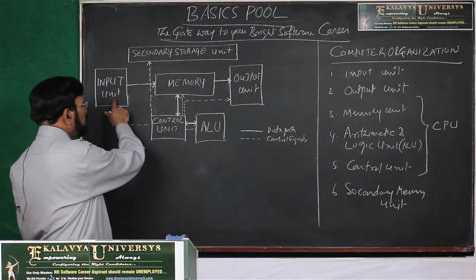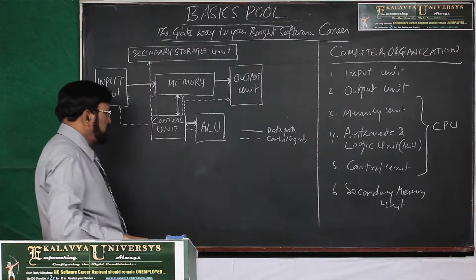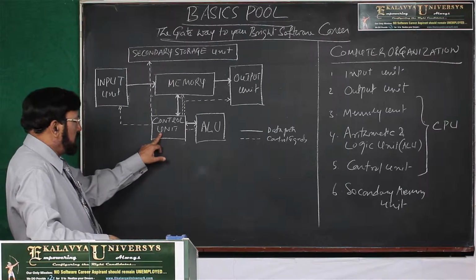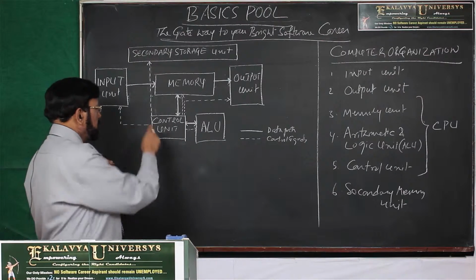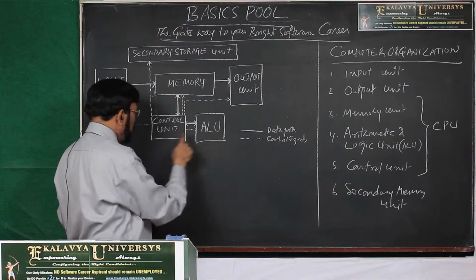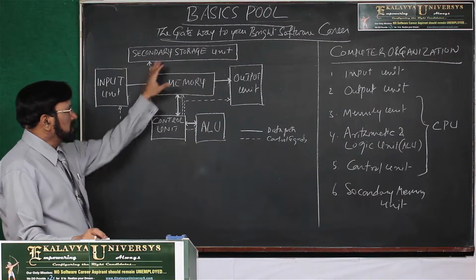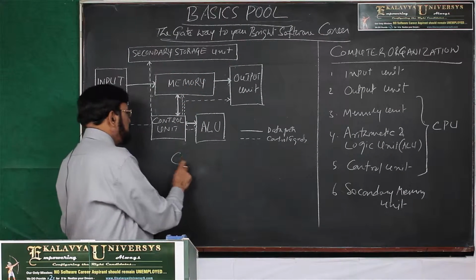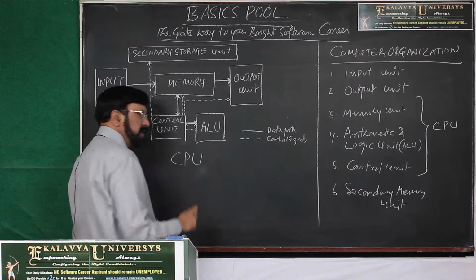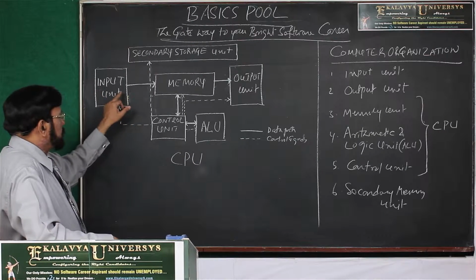Here are the input unit, memory unit, output unit, secondary storage unit, control unit, and ALU. Once again I am telling you, some people consider both the control unit and ALU as CPU. Some other people, including memory, the 3 parts together, call it CPU. Let us see one by one.